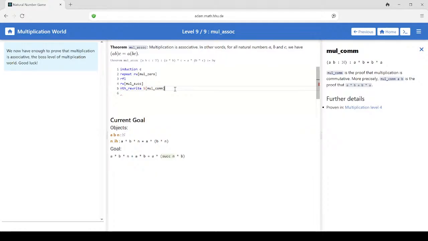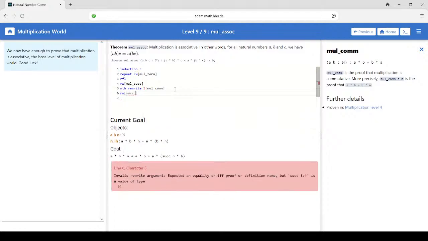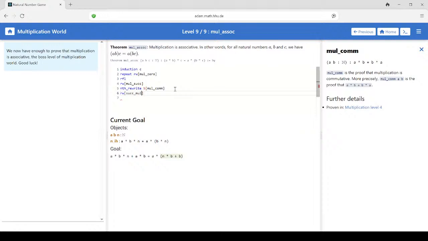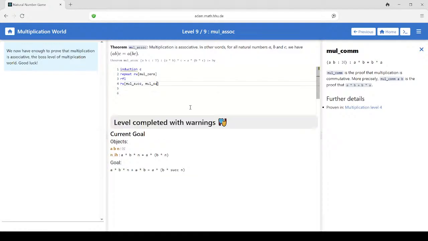Okay. Then if I do this... Now we have n times b plus b. That's the same thing. I just went through the work of doing it backwards. That ends up with the exact same result as if I had just done this.